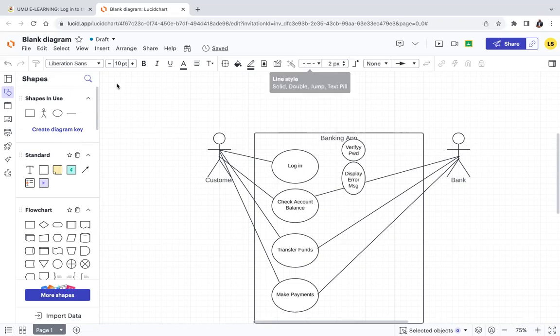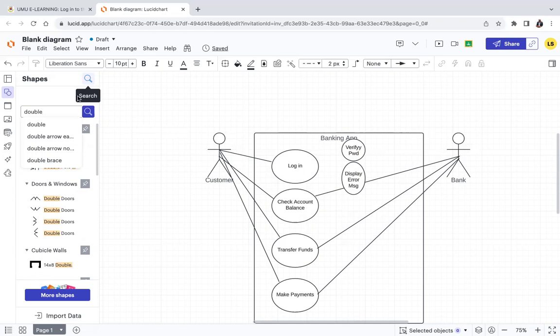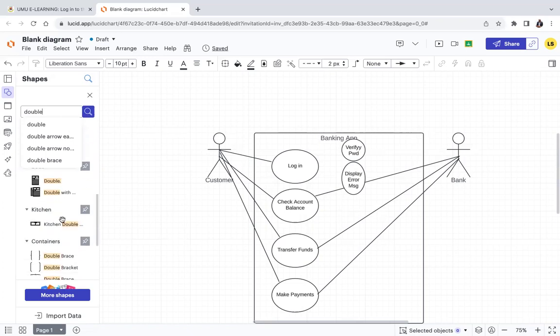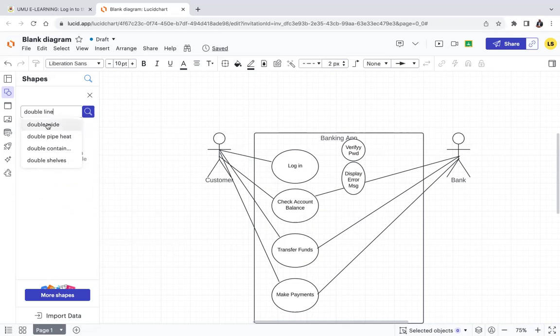I'm trying to look for those lines that we can use here to indicate the include relationship between the moment the login happens, then the verification has to take place.